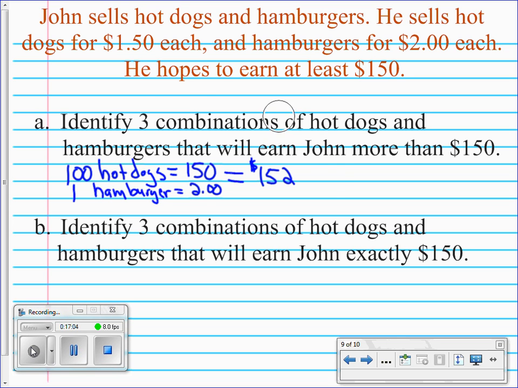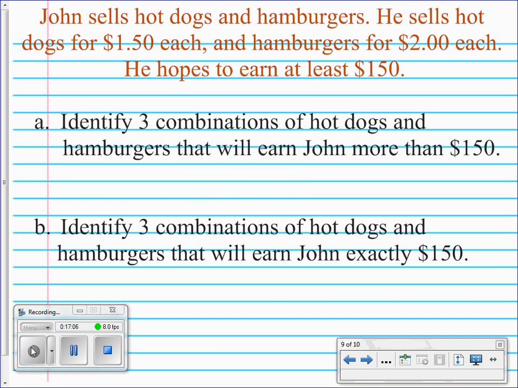A second combination. If I think about just hamburgers, he sells hamburgers for $2 each. So if he sells 75 hamburgers, 75 times $2 gets him $150.